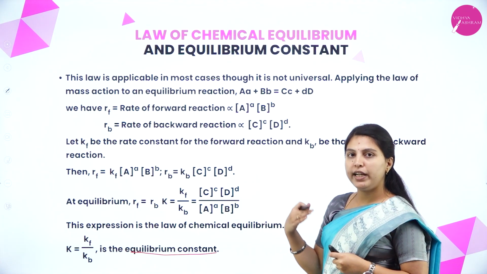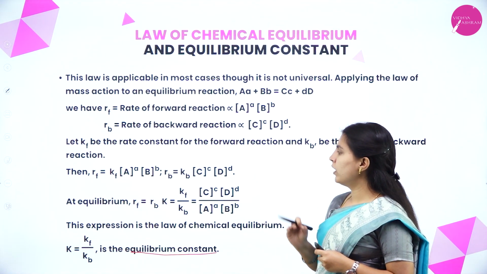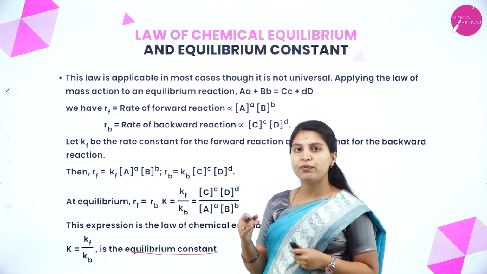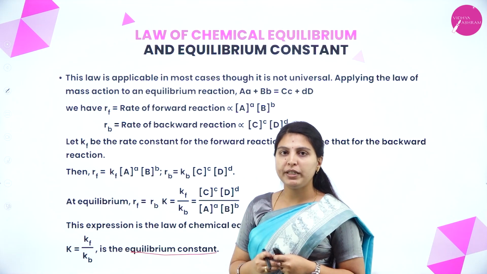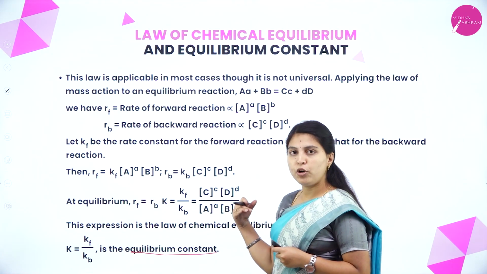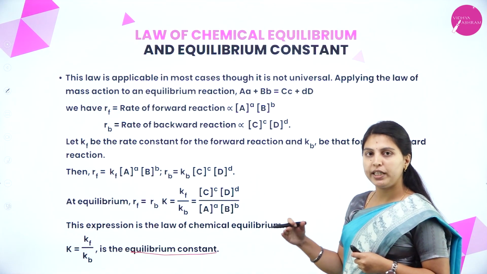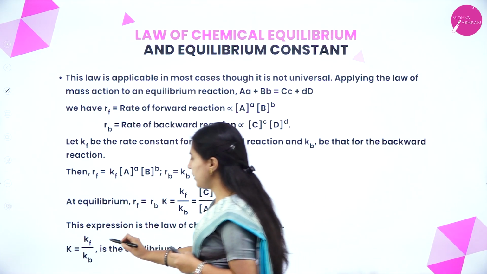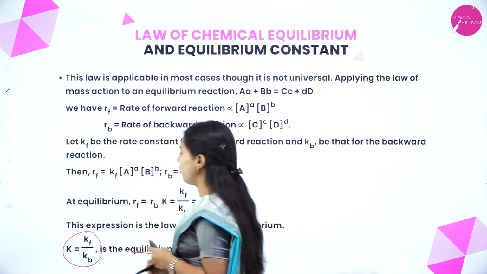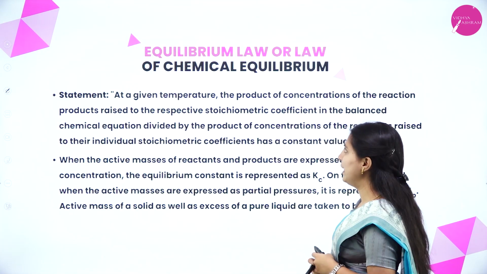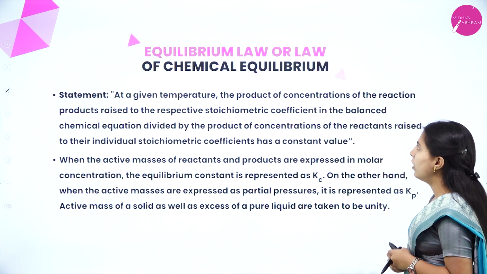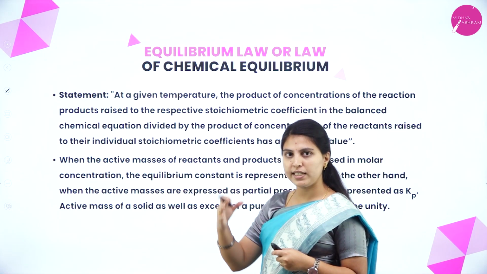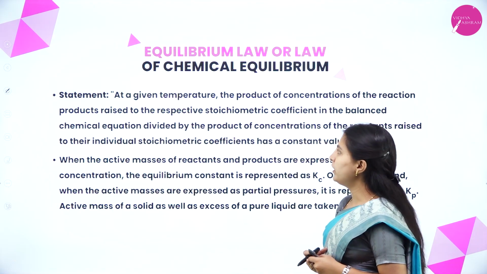Usually, when relating with equilibrium constant or rate constant, the molar concentration of the products will be in the numerator and the molar concentration of the reactants will be in the denominator. How will it be represented? By using this formula. Okay. Next, equilibrium law or law of chemical equilibrium. What is that statement, after analyzing so many points?